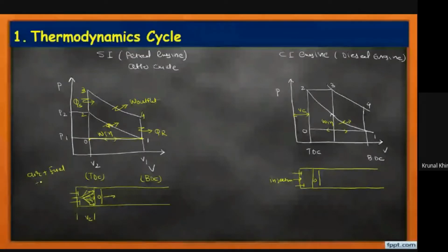But in the diesel engine, in the suction only air is there, we do not add any kind of fuel droplets with the air, so only air enters the cylinder. And then at the end of the compression stroke, at point number 2, we start the injection of the diesel fuel, and that's why this volume occurs.